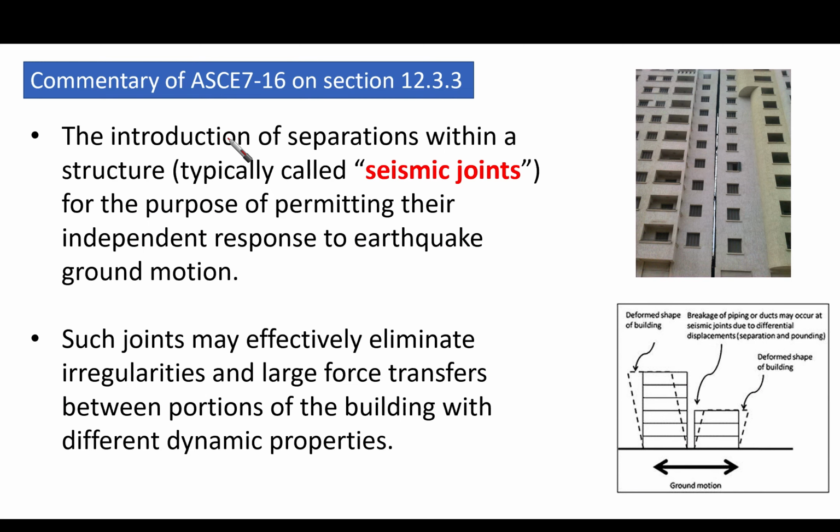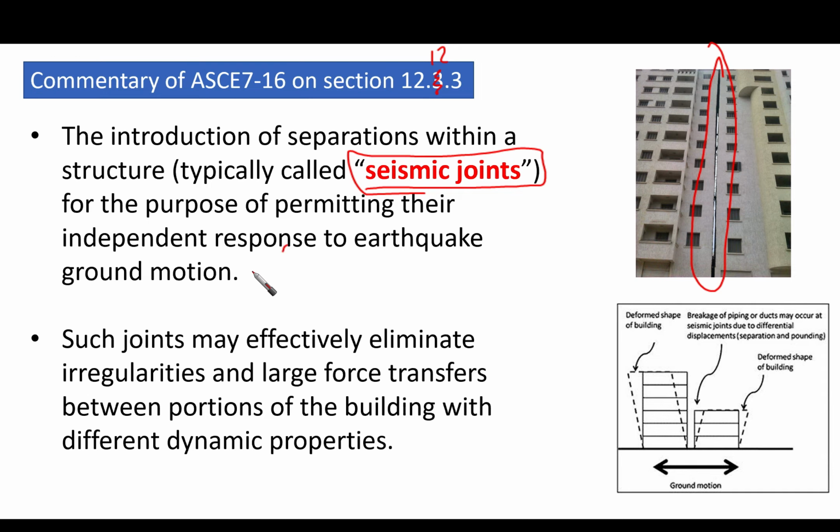Now the commentary of ASCE 7-16 on this section, again it's 12.12.3, I guess. The introduction of separation within the structure, typically called seismic joints. We call it seismic joints, as we can see here.